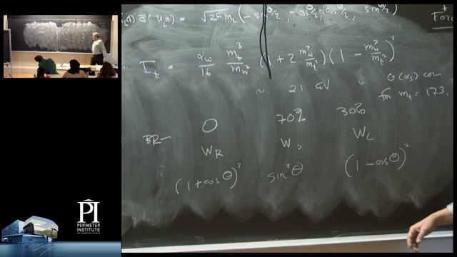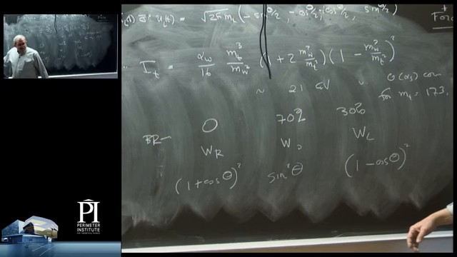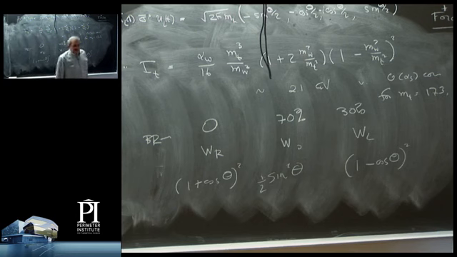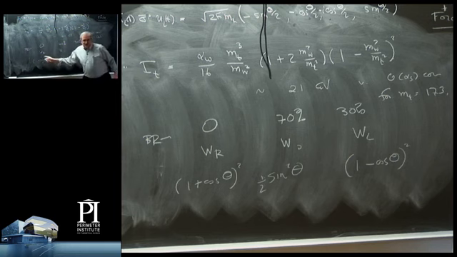So let me get a sample of top quarks, take the W's to the rest frame, measure this angular distribution, and see what it looks like. Please notice that the angular distribution is predicted up here. It should be, I think, 70% this, 30% that, and extinguished in the forward direction.